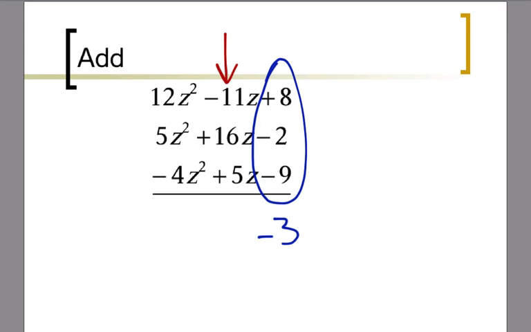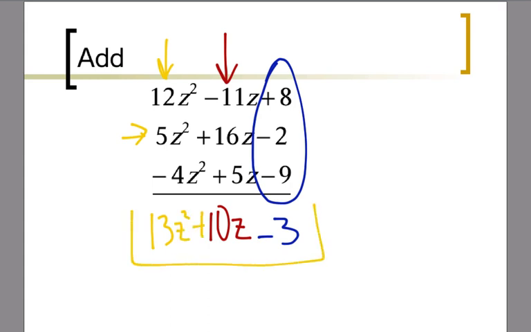If I combine those two, that gives me 5, and then I take and have positive 5 more, so that's going to give me 10z. And then I look at my third column, and it gives me 12 plus 5, so that's 17, and subtract 4, so now I'm at 13z squared. So I just put my plus sign because it was a positive 10, and that's my answer there.